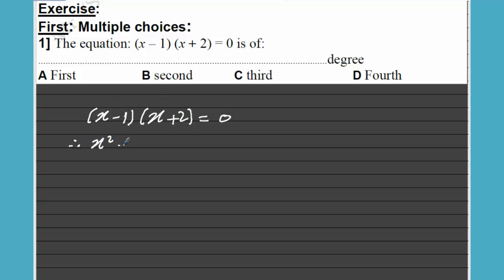X multiply 2 equals 2x. Negative 1 multiply x equals negative x. Negative 1 multiply 2 equals negative 2. All equals 0. So we have x square plus x minus 2 equals 0. And this equation is of second degree, it is the greatest power. So we choose letter B.